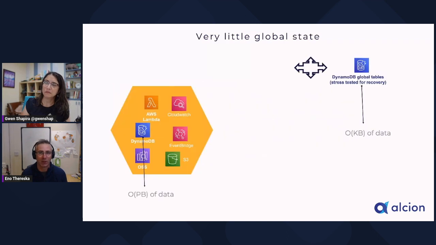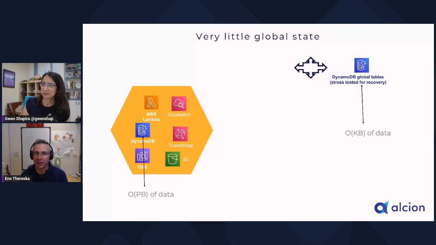Right. Now, there is a little bit of magic here, or rather lack of magic, because one of the goals whenever you're building cell-based architectures is you need to avoid having global state, but you can't quite avoid having all global state. So we have to be a little bit pragmatic here, and we do have some global state. But we have very little of it.